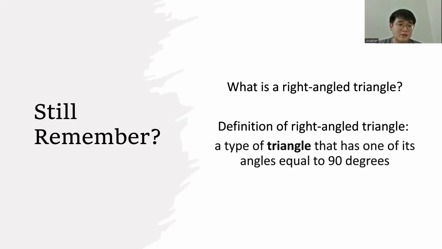The main points: the first one, triangle, I have bolded for you already. The next one, angle 90 degrees. You must make sure you know how to find the triangle and also the 90 degrees. Only then can you do the Pythagoras theorem.